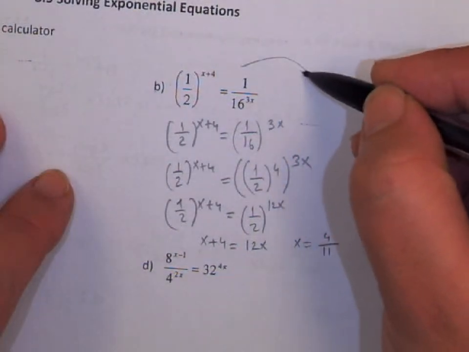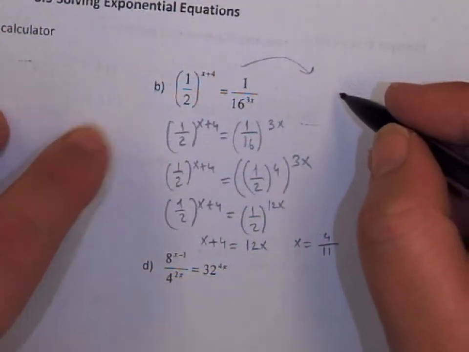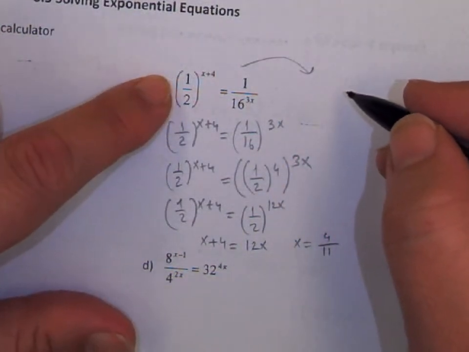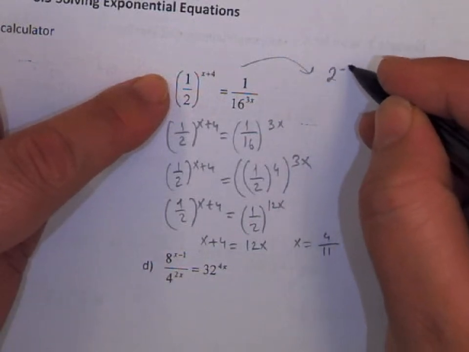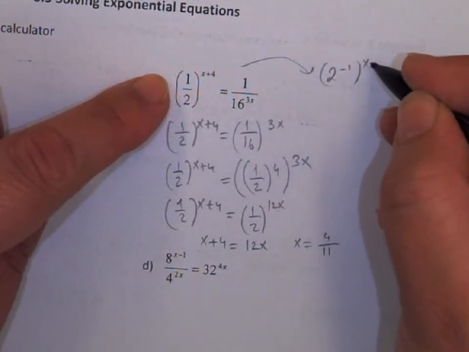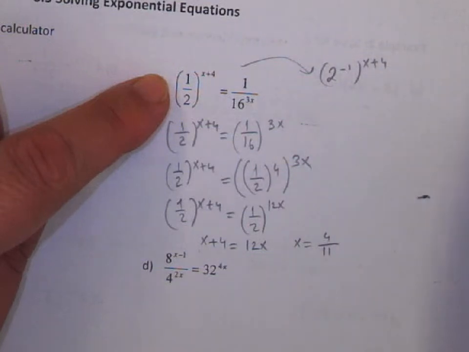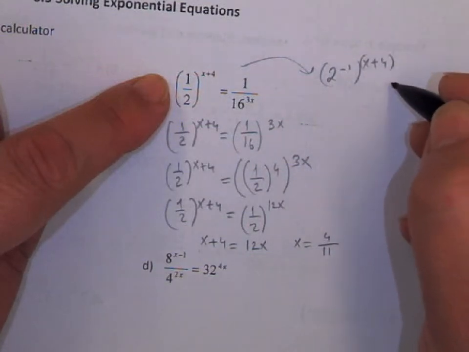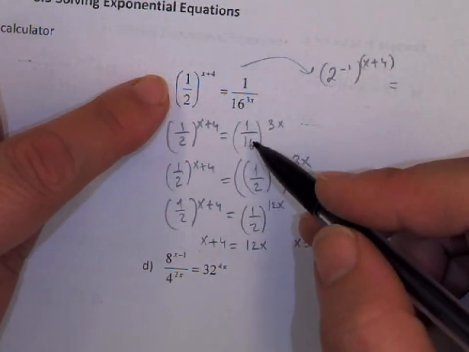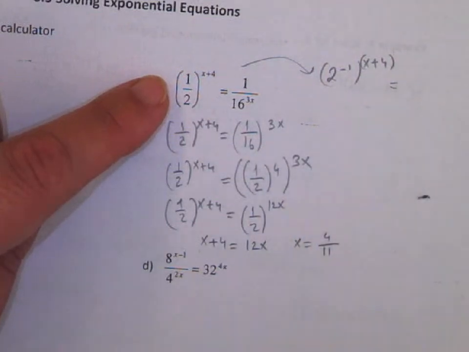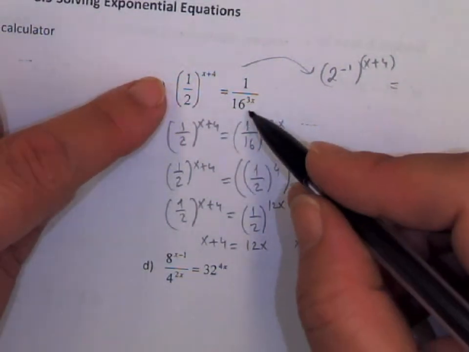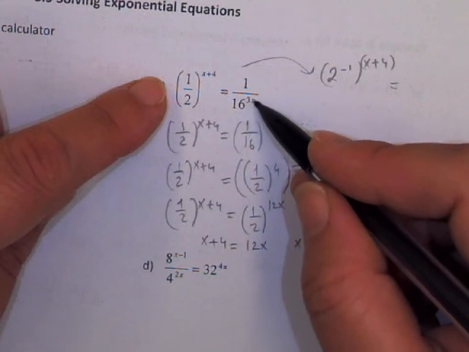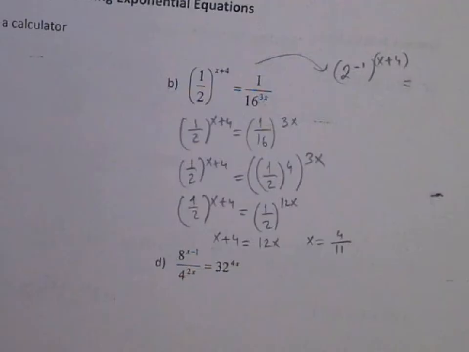You could also do it this way. So 1 over 2 is 2 to the power of negative 1. So you could say this is 2 to the power of negative 1, to the power of x plus 4. And 1 over 16 is 2 to the power of negative 4, but that should be multiplied by 3x.